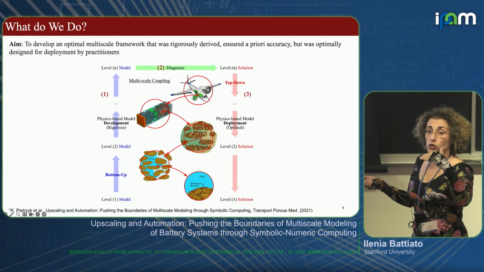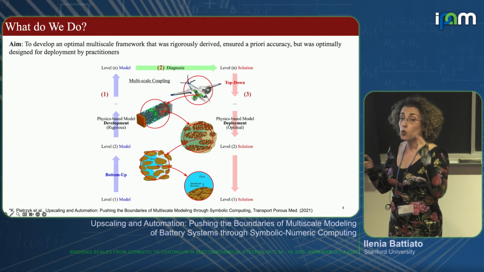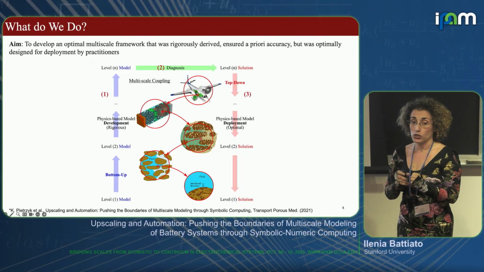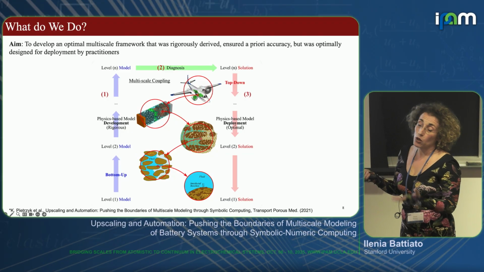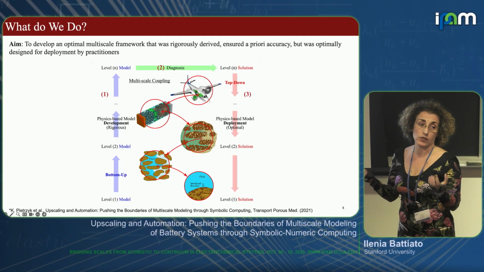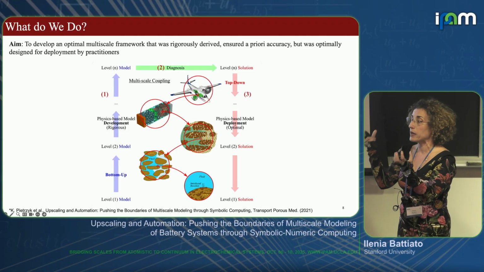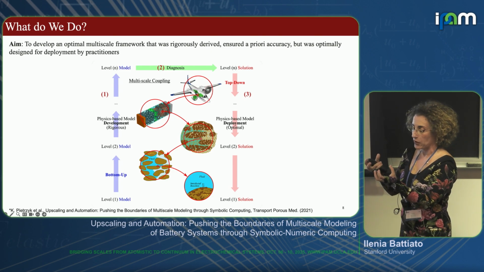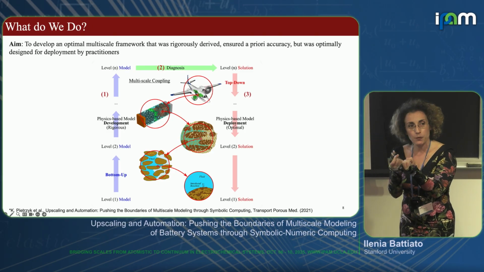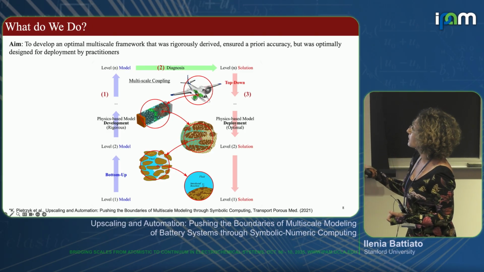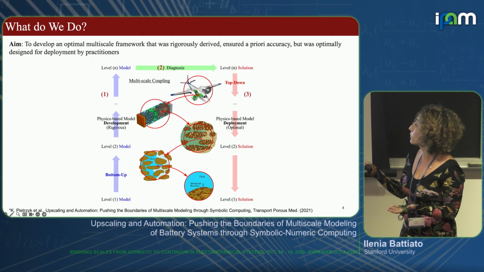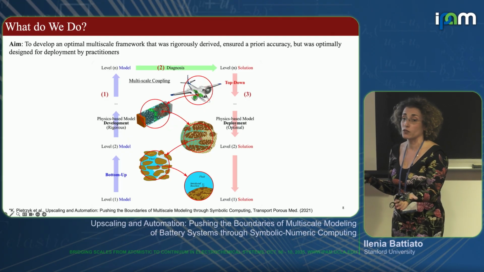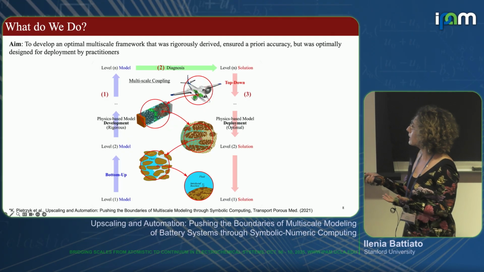Together with the development of models at different scales, we also derive the applicability conditions of that specific model, sometimes called diagnosis criteria, so that every model we develop has also a set of applicability conditions that I will discuss how to get. And then once we have this pair, we can do physics-based model deployment, which is optimal, right? And this optimal means that the trade-off is between accuracy of the model and computational cost.